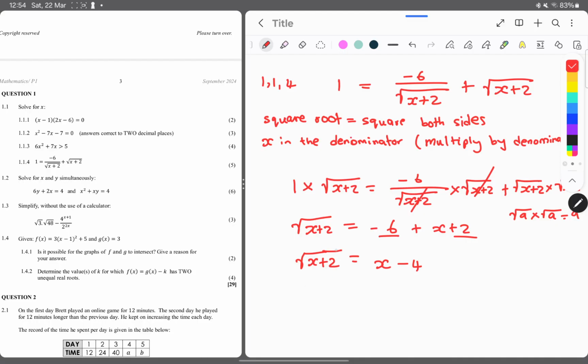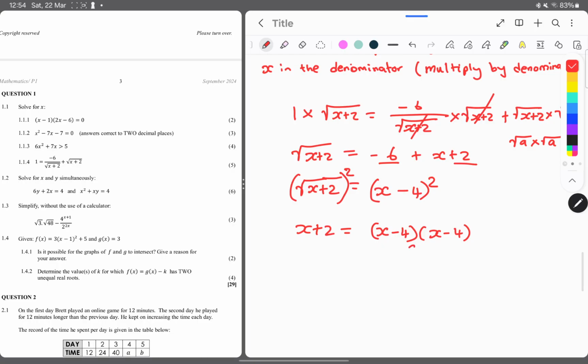Now we can square both sides, and you will notice that we have x plus 2 equals x minus 4 multiplied by x minus 4, and you do your FOIL. You will have x plus 2 equals x squared minus 4x minus 4x plus 16.